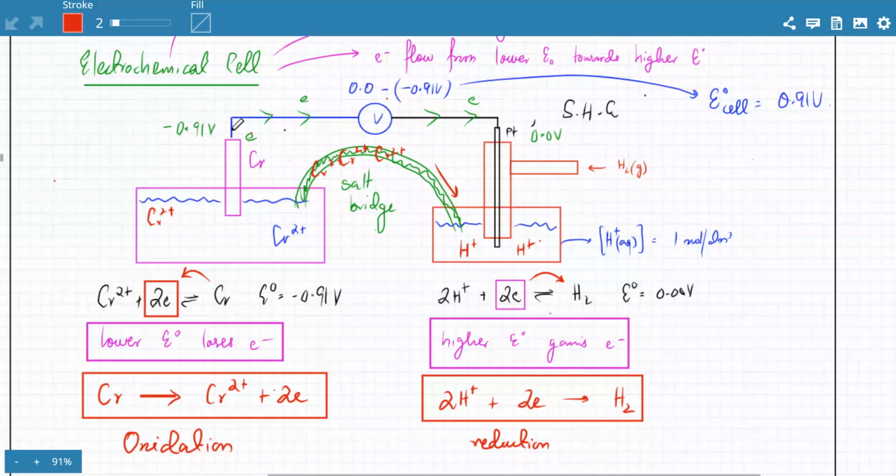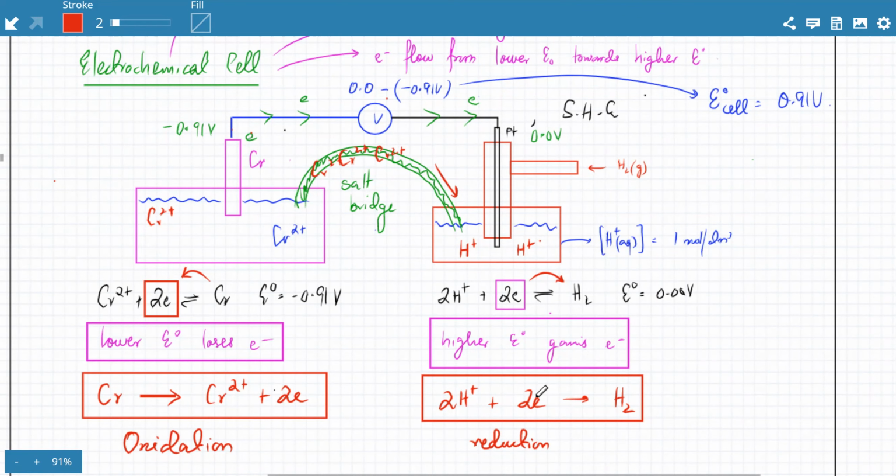Although in a cell they don't really use the terms anode and cathode. But if they were ever going to ask you which one is acting as the anode, which I've never actually seen, this is the place where electrons are lost, and the other electrode is your cathode, because that's the place where reduction happens.